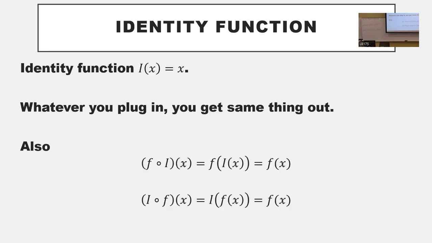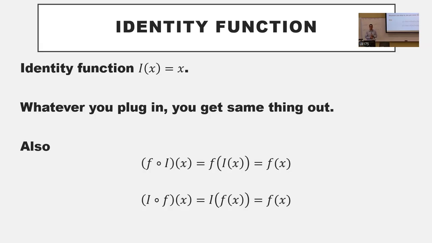I input a 1, I get out a 1. I input a 14, I get out a 14. I input pi, I get out pi. The identity function takes any x value as its input and has output of the x value.